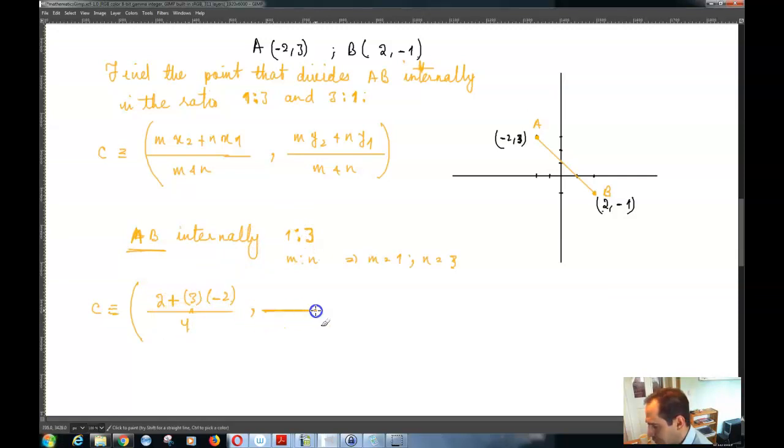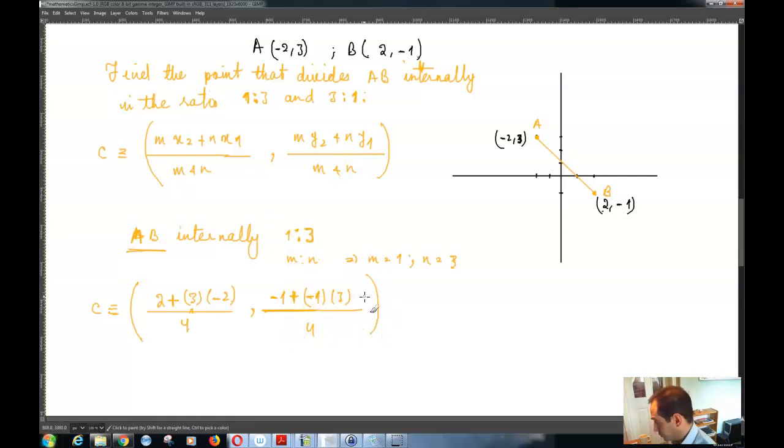The y coordinate of the same point is going to be m y2 plus n y1. So m is equal to 1 and y2 is equal to -1. So that's -1 plus n y1, which is 3 times 3, over m plus n, which is equal to 4 again.